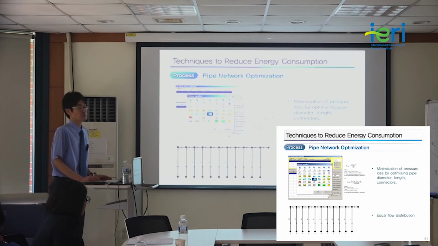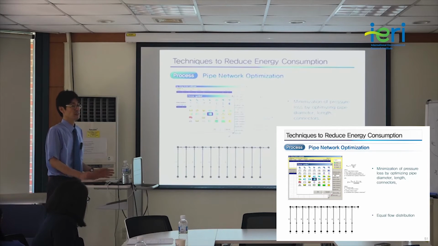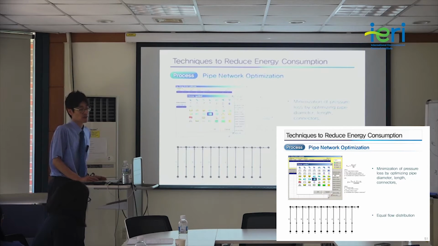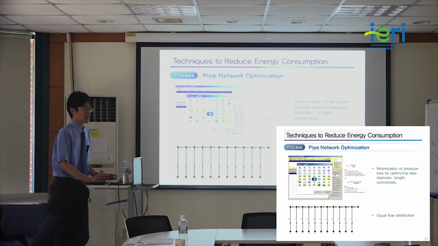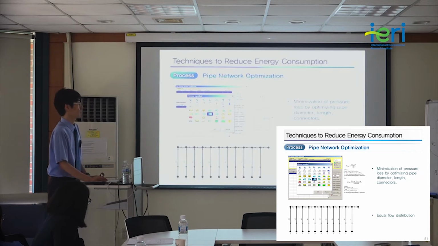And in the reverse osmosis membrane system, pressure is the specific energy consumption. So if you have the pressure drop, in such cases, specific energy consumption will increase. So we have to minimize the pressure drop happening in the pipe network.